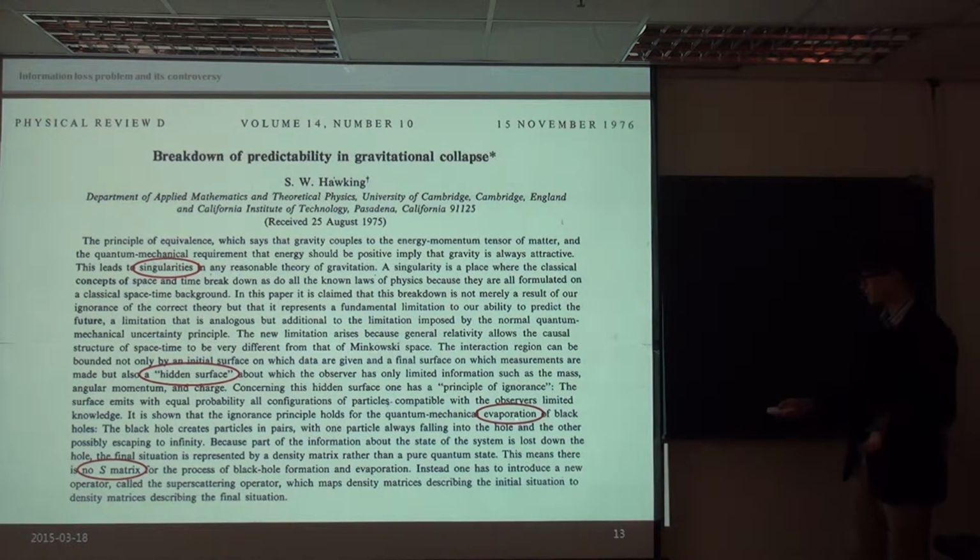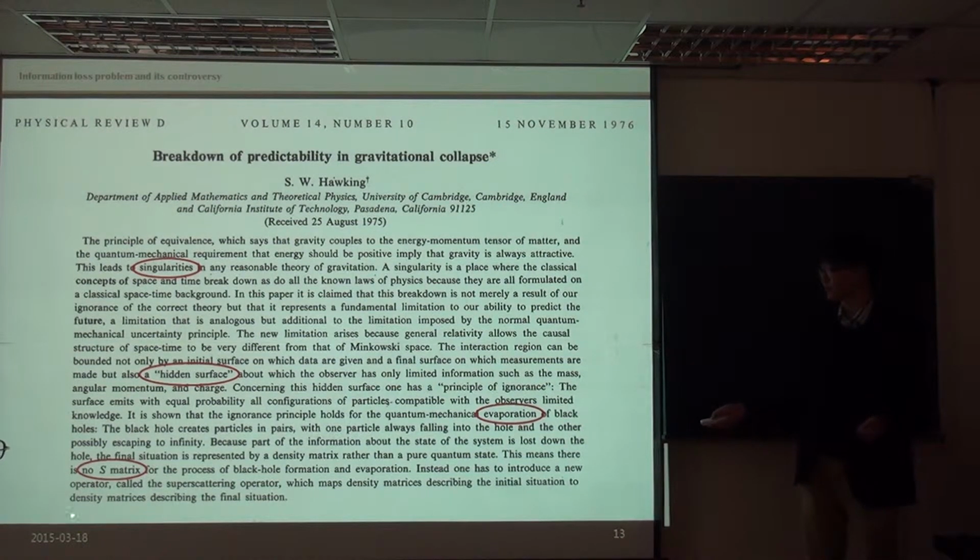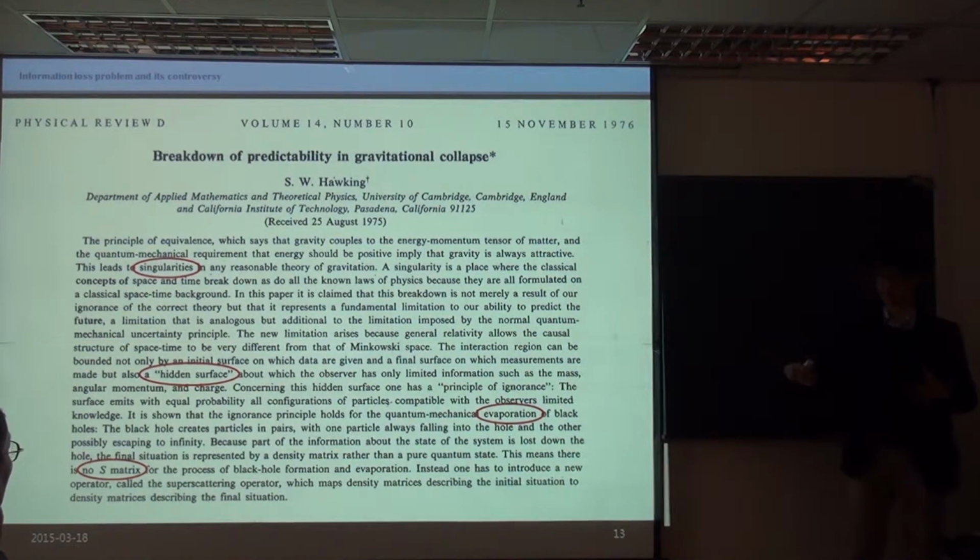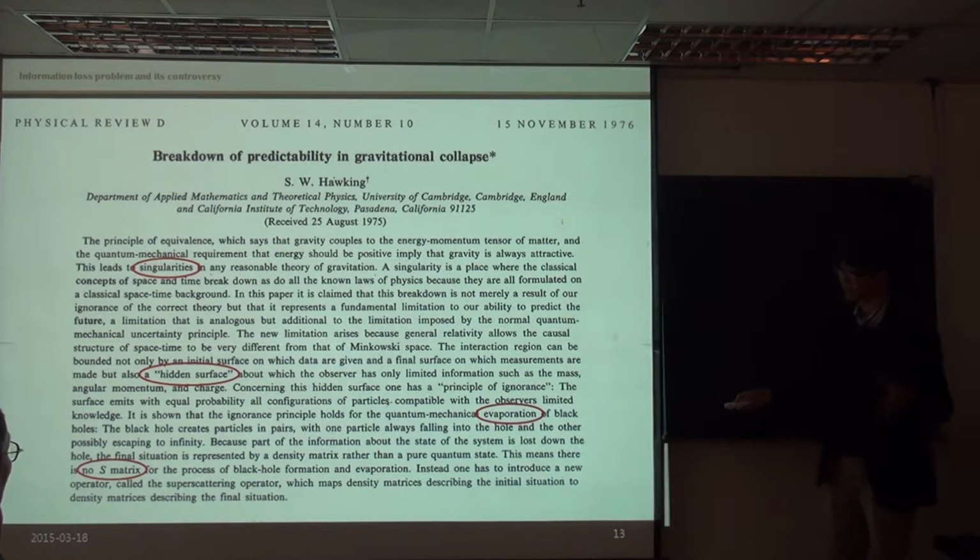But the problem is that the black hole will evaporate and disappear. Then it is not easy, maybe impossible, to define the S matrix that can connect unitarily from the in state to the out state. This is the reason why he spoke about the breakdown of predictability.